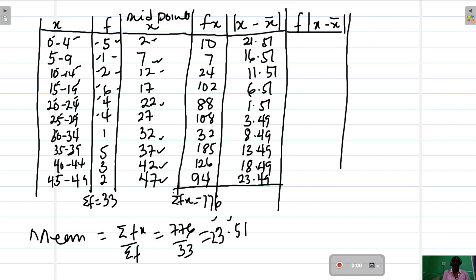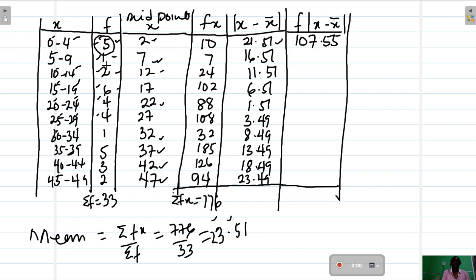So let's multiply them. The first frequency is 5, so 5 times 21.51 will give us 107.55.